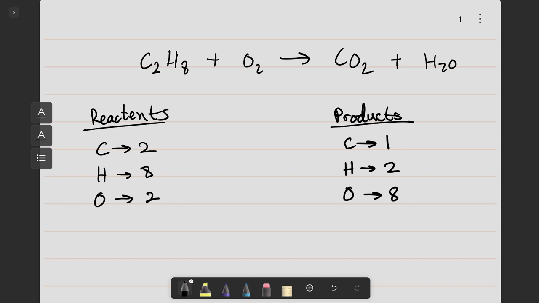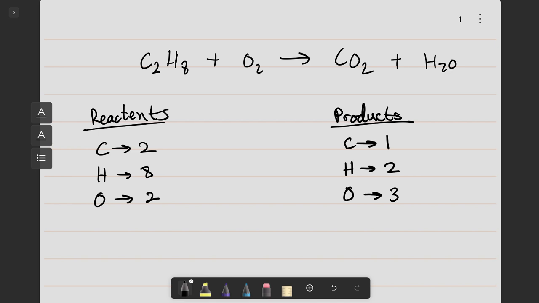On the products, we have 1 carbon, 2 hydrogens, and 8 oxygen. Oops, my bad. Yeah, see, this is a very good example of checking your elements properly. Otherwise, you will make some simple mistakes and it will ruin your whole calculations. Okay, so 3 oxygens.